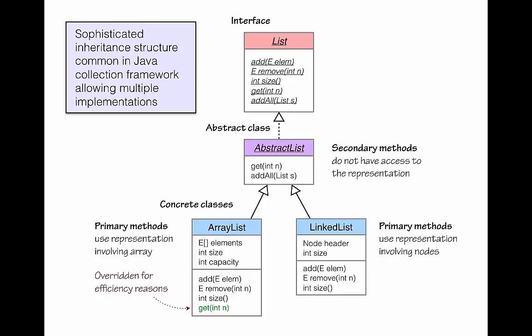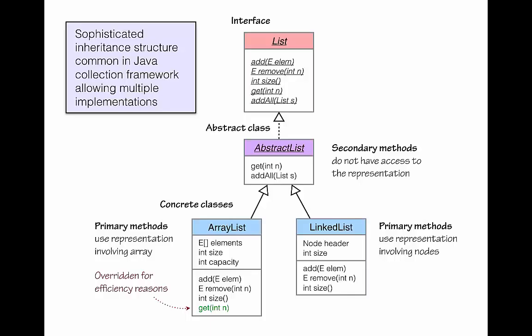If there are no instance variables involved, that means that the add all method is implemented in the exact same way, whether you're using an array list or a linked list. Therefore, instead of having duplicate code in both the array list and the linked list classes, which is almost always a bad idea, we can implement the add all method in an abstract class.